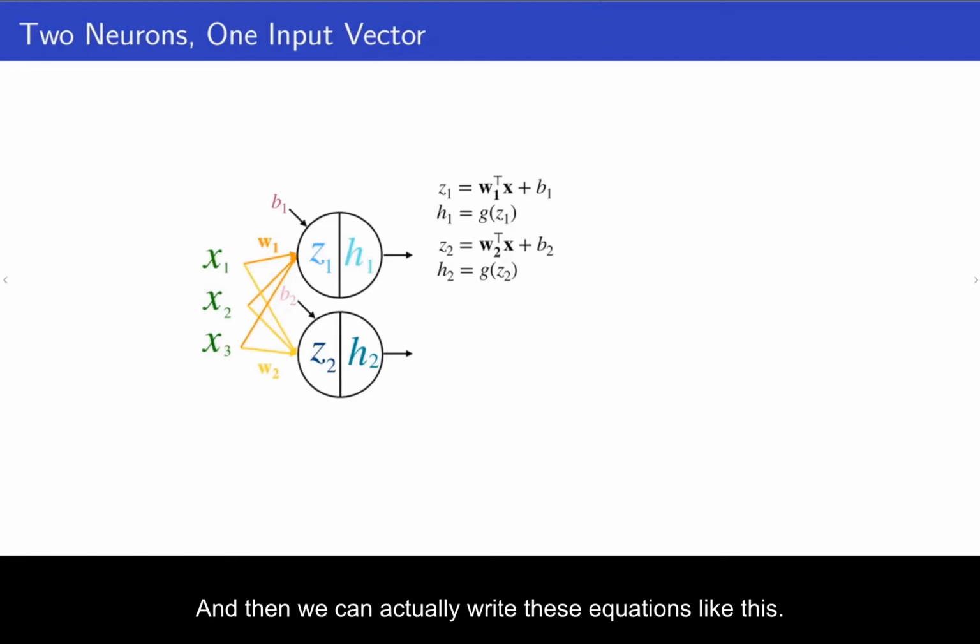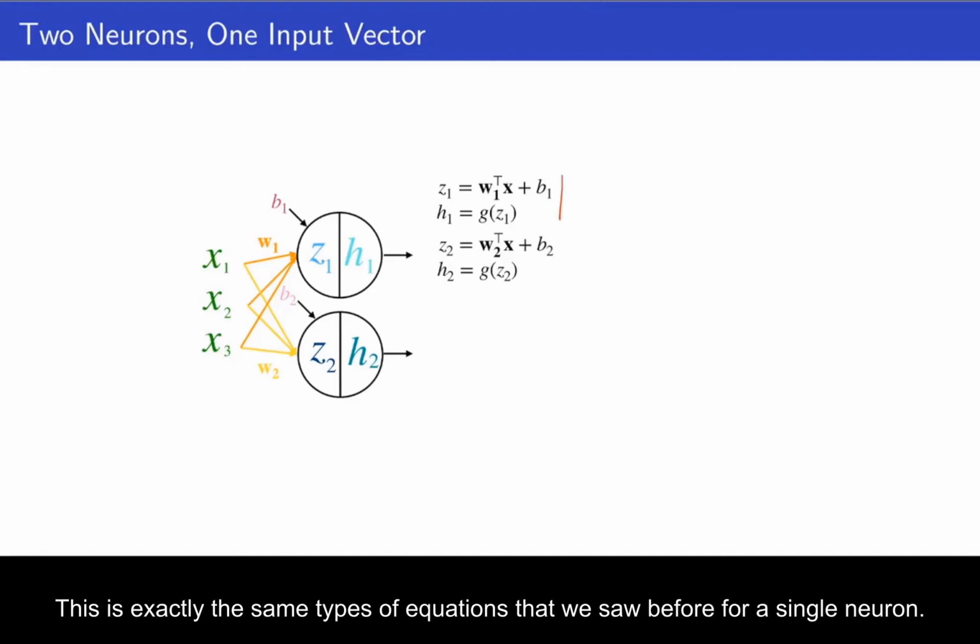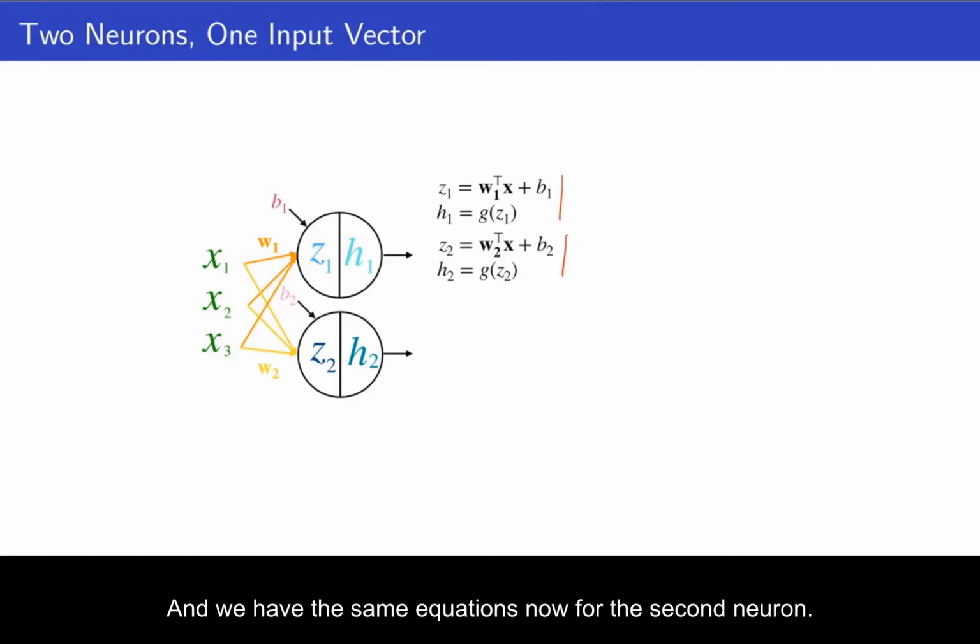Then we can write these equations like this. These are exactly the same types of equations that we saw before for a single neuron, and we have the same equations now for the second neuron.